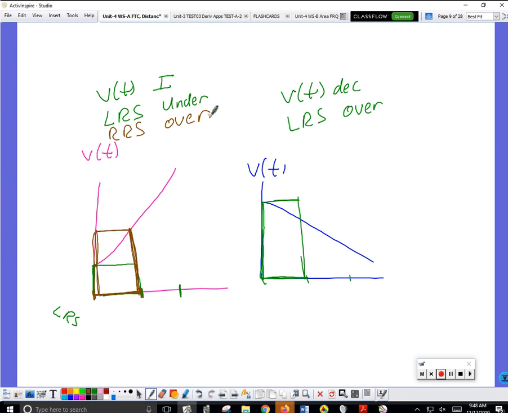What if some of the subintervals are increasing and some are decreasing? That's a really good question. It's exactly what Charles noticed.